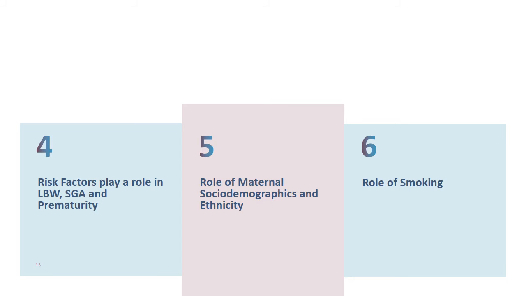So we found that maternal demographics, for example, a Black mom was more likely to have a low birth weight child than a Caucasian woman, same age, same size, but just different socio-demographics. Conversely, it was found that foreign-born Asian Indian women who were of a high socio-economic standing tended to have low birth weight infants.